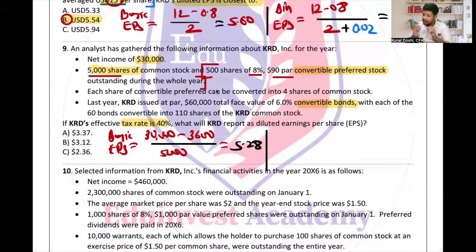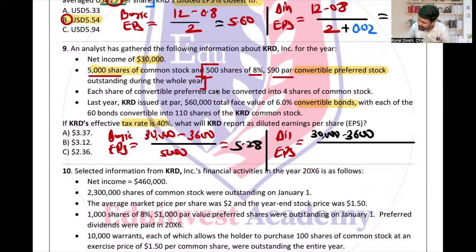Now, when they ask me diluted EPS, definitely I'm going to add this information: 30,000 minus 3,600 and below is 5,000. But remember, these are convertible preferred stock, so I need to add back the 3,600 after subtracting. Basically, it disappears, right?